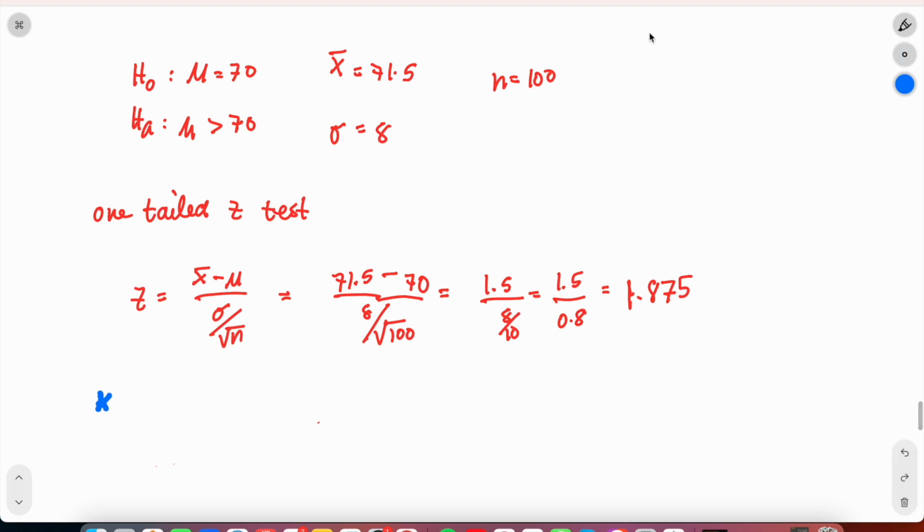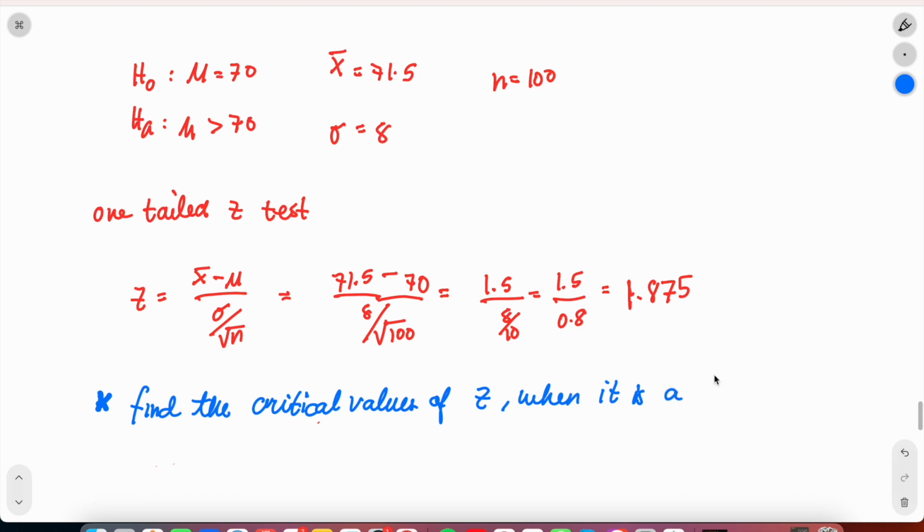Find the critical values of z when it is a right-tailed test.